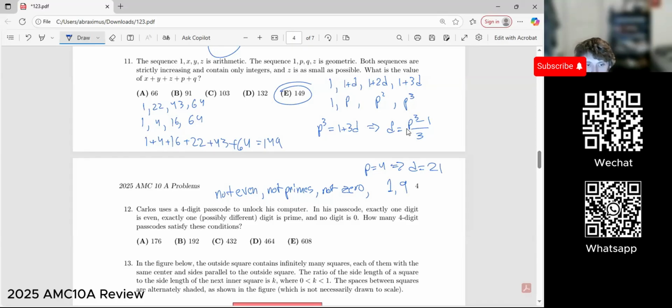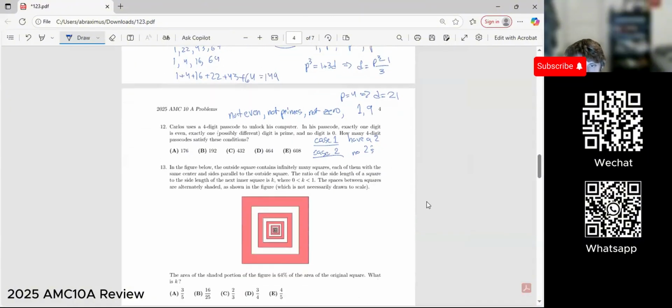In his passcode, exactly one digit is even, exactly one digit is prime, but it could be different. So let's do two cases. Case 1, we have a 2. And case 2, there are no 2s. Right, let's look at this.